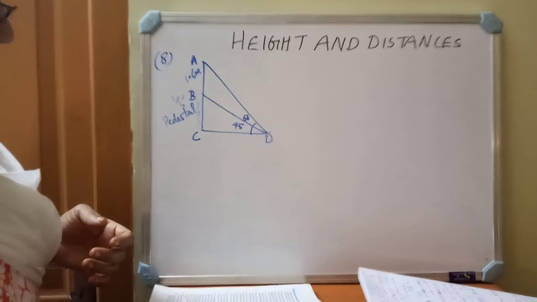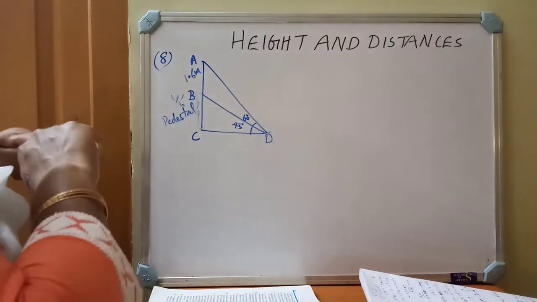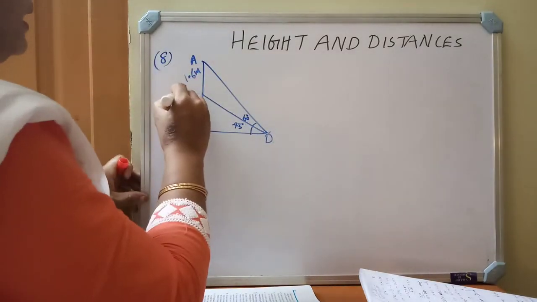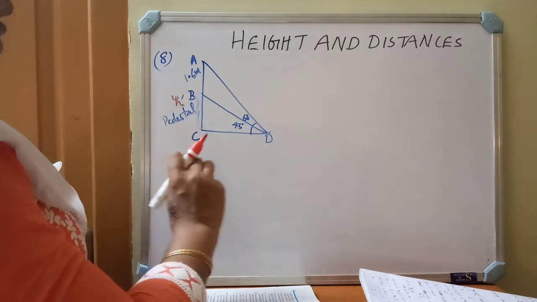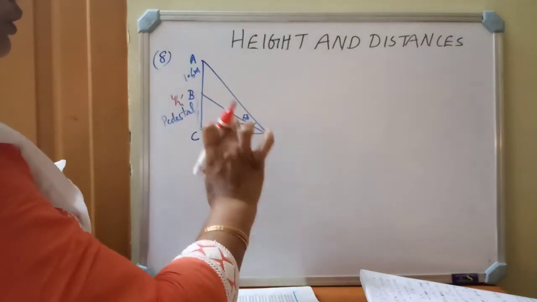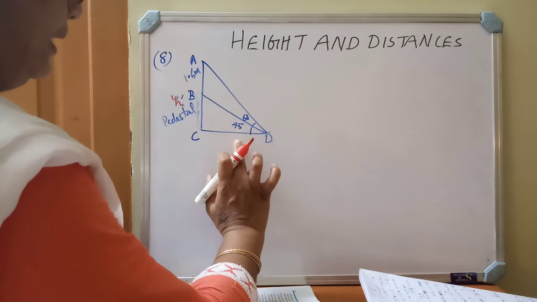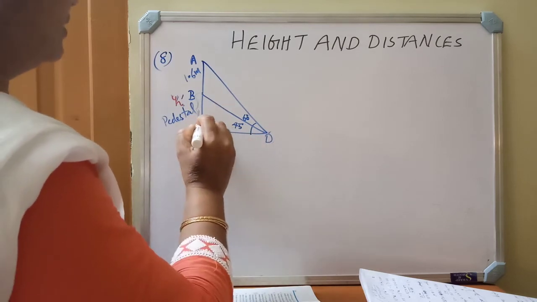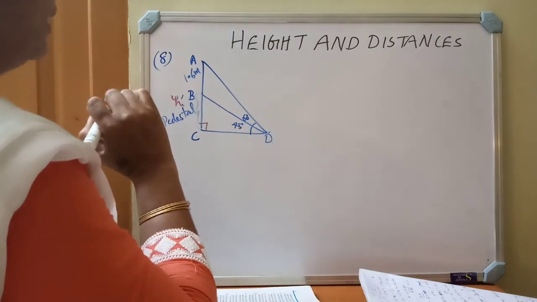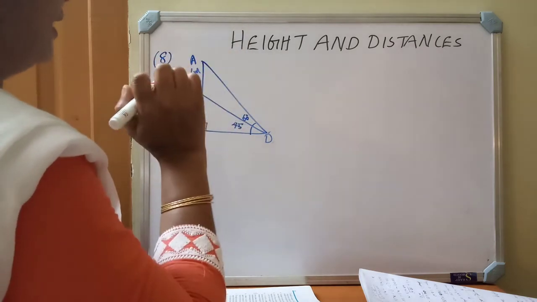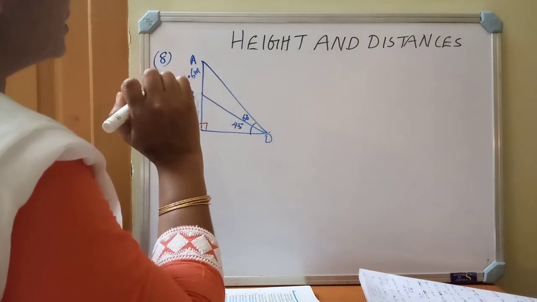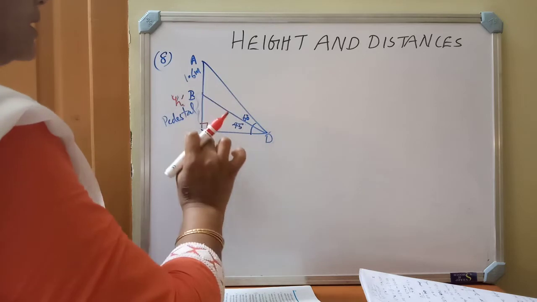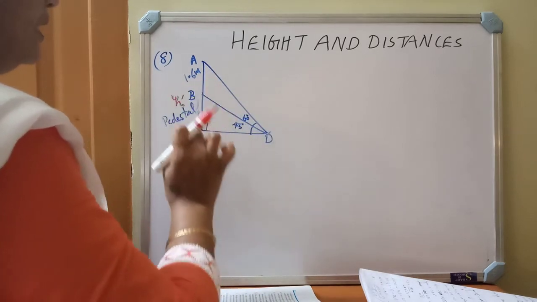See that, children. For finding the value of BC, keenly observe the diagram. We are having two right angle triangles. What are the two right angle triangles? ACD and BCD.